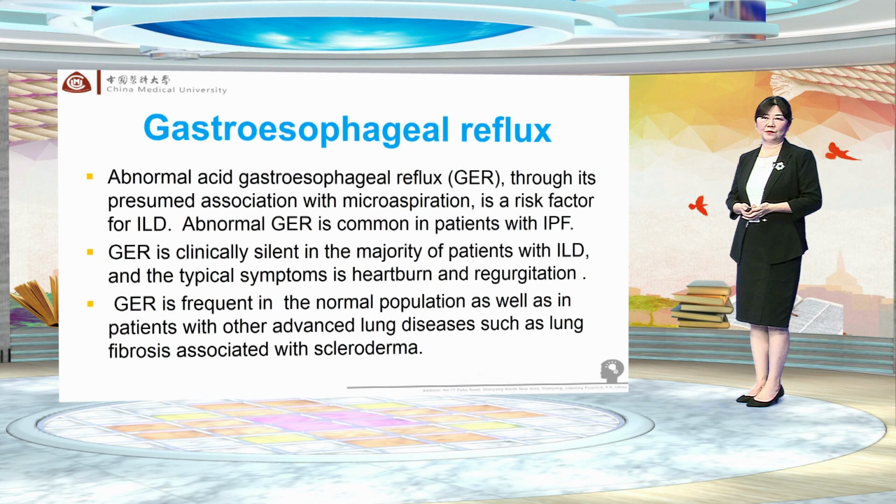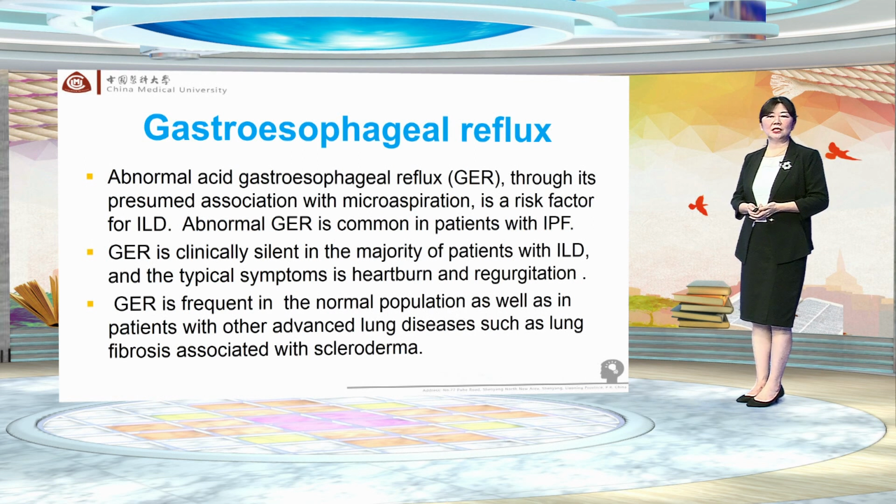For gastroesophageal reflux, abnormal acid gastroesophageal reflux, which we call GER, through its presumed association with microaspiration, is a risk factor for ILD. Abnormal GER is common in patients with IPF, and GER is clinically silent in the majority of patients with ILD.